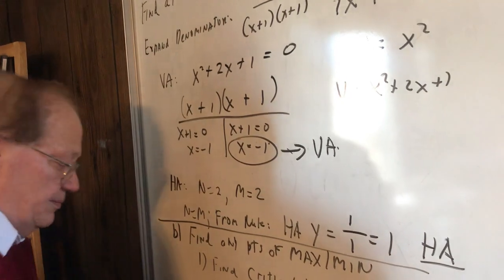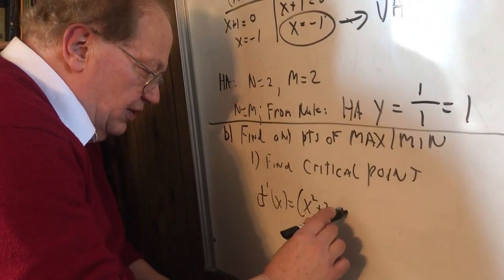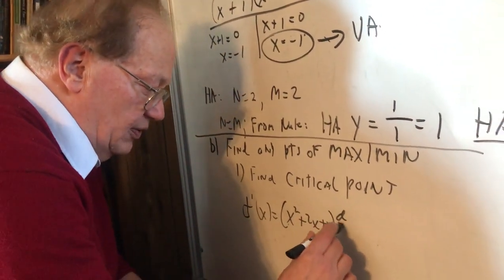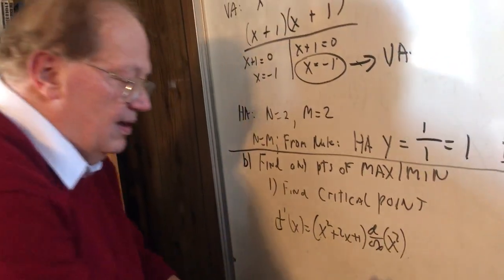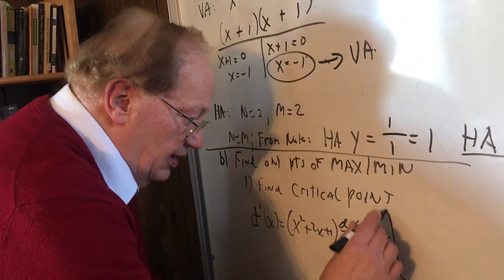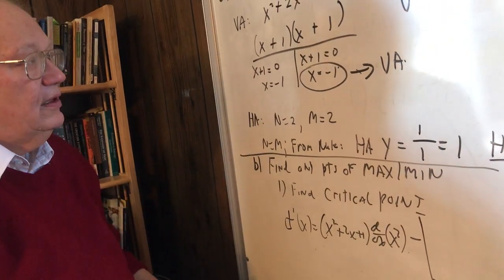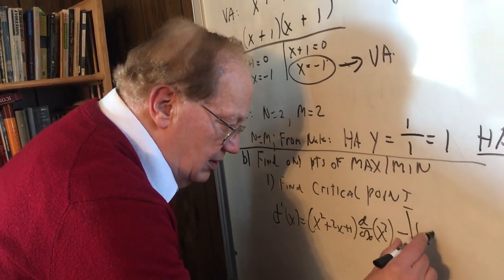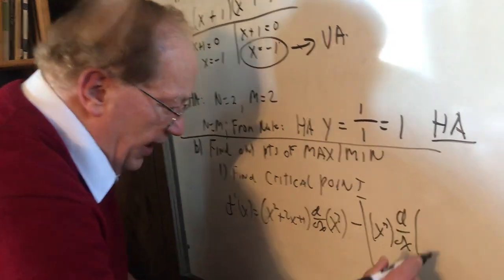So it's the bottom, x squared plus 2x plus 1, times the derivative of the top, which is x squared, minus, and remember we put a bracket here, so remember to distribute that negative sign, minus the top, which is x squared, times the derivative of the bottom.